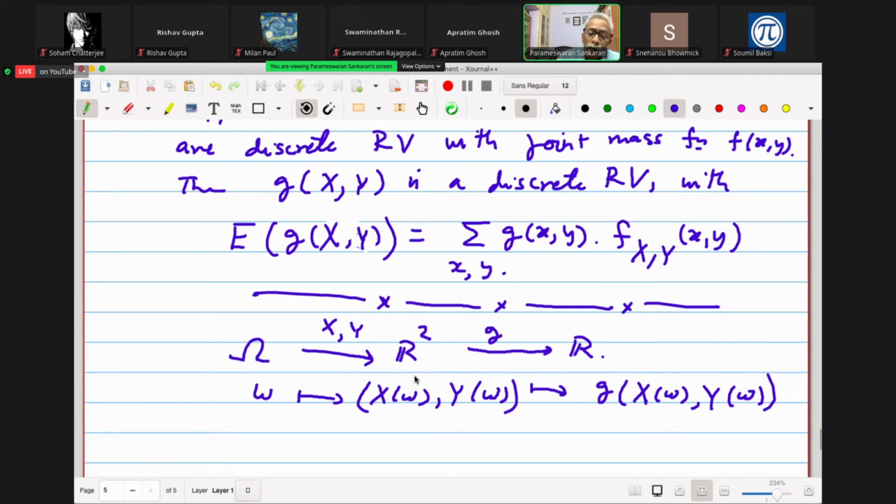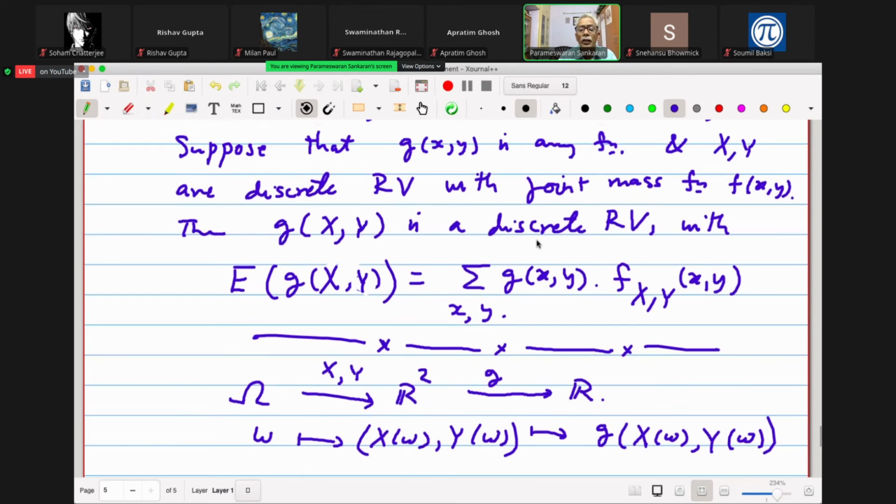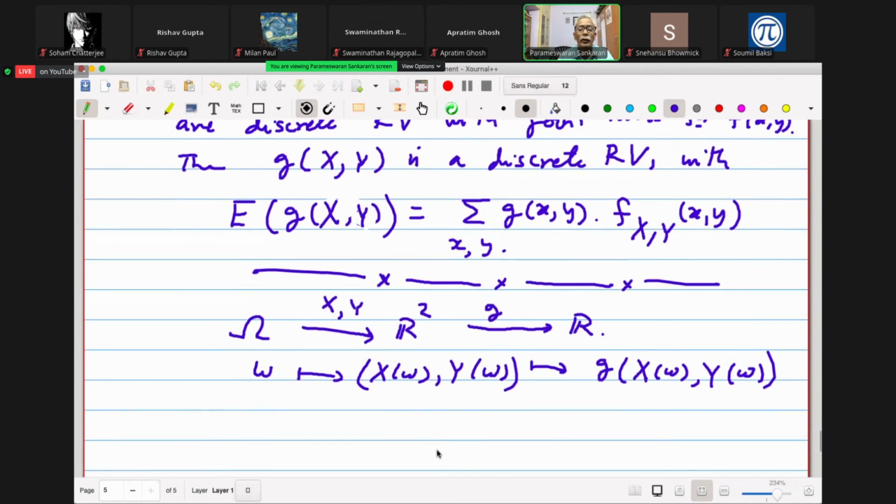When you pull back, that's going to be labeling a collection of events, meaning each one of them will be an event that is an element of script F. Anyway, so we understand that, therefore, this is indeed a discrete random variable. Discrete because although g may assume continuous values, the composition assumes only countably many values, because X and Y are discrete.